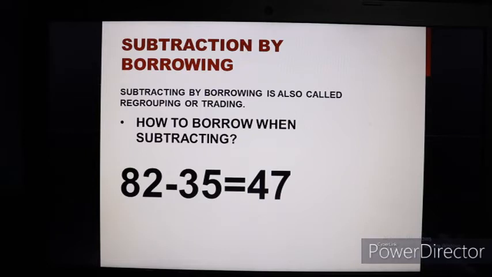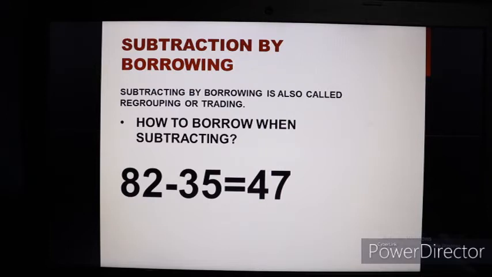But what if a column has a smaller number on the top? How do we subtract two numbers by borrowing? If the top number is smaller than the lower number, we just borrow 1 from the tens place and subtract with the new, bigger number so formed.